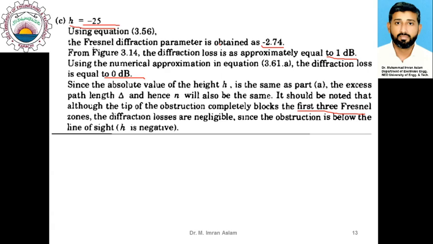Because most of the Fresnel zones are free, you would see that there is no significant loss, and practically you can take that loss equal to 0 dB. So for a negative value of h, we do not encounter any amount of loss for this particular case.